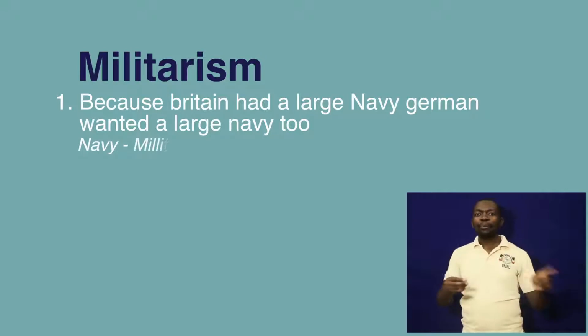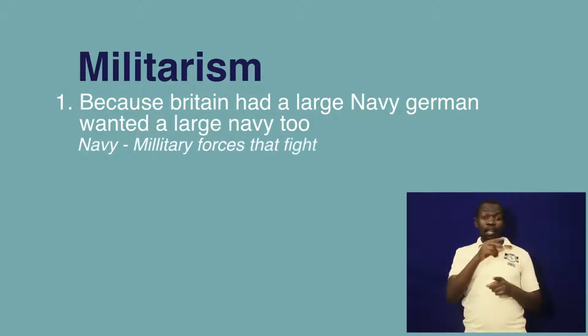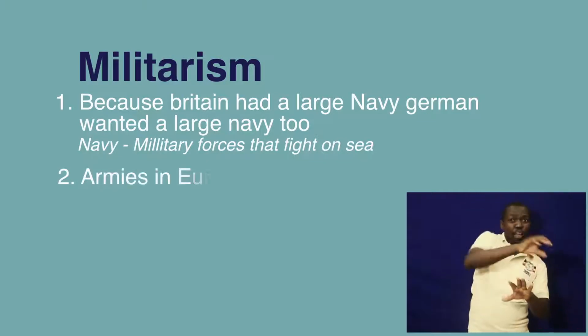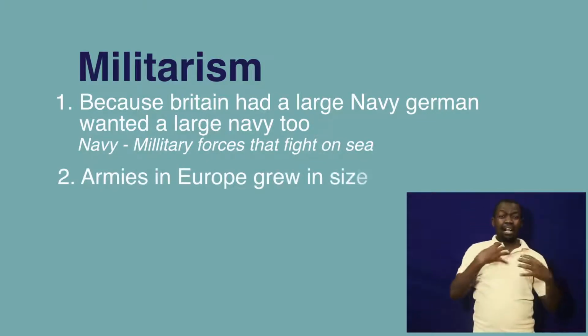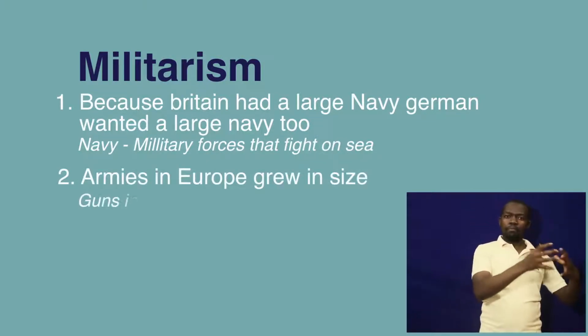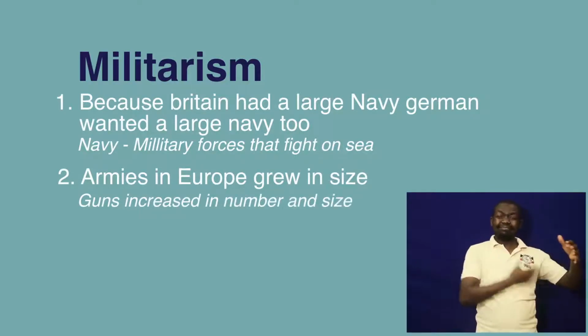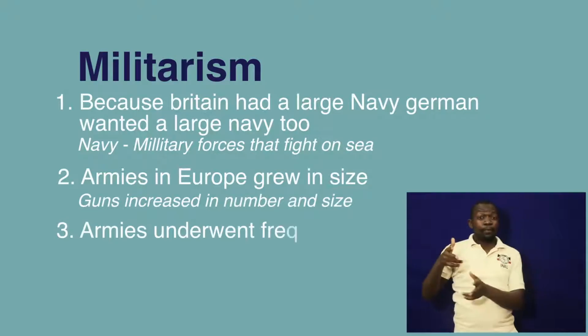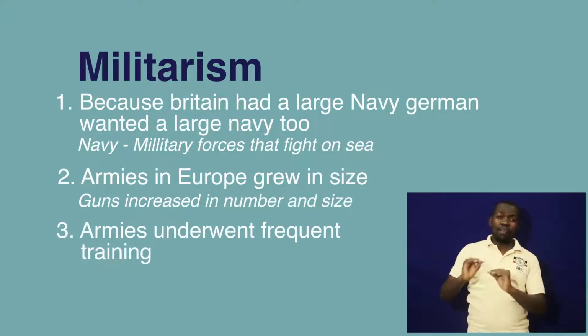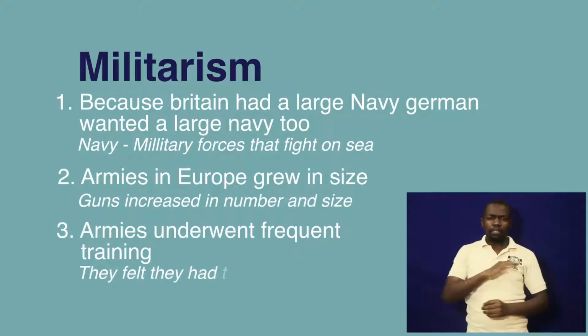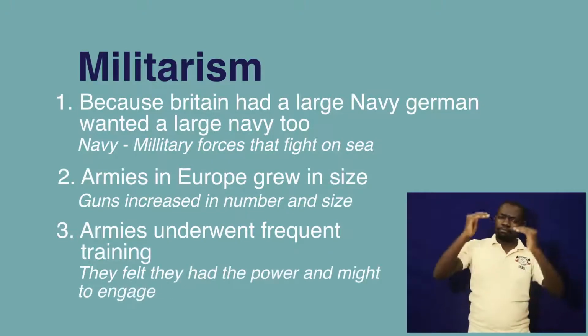Navy are military forces that fight on sea. Armies in Europe grew in size. Guns increased in number and size. Armies underwent frequent training. They therefore felt they had the power and might to engage in war.